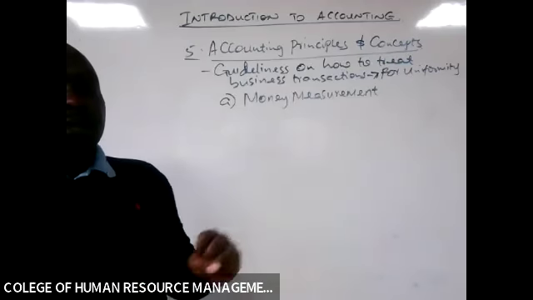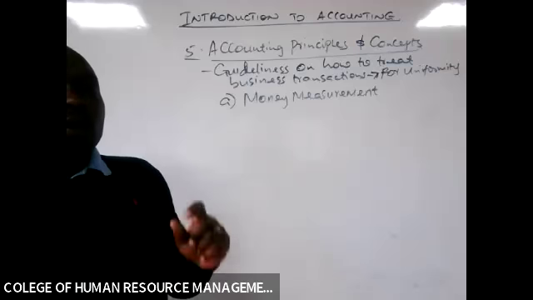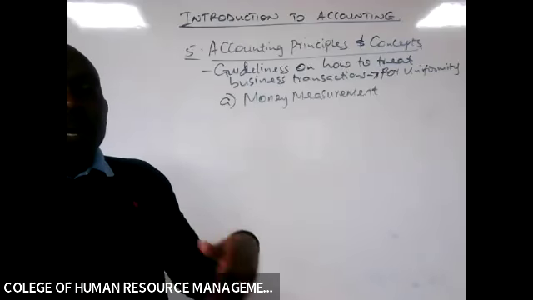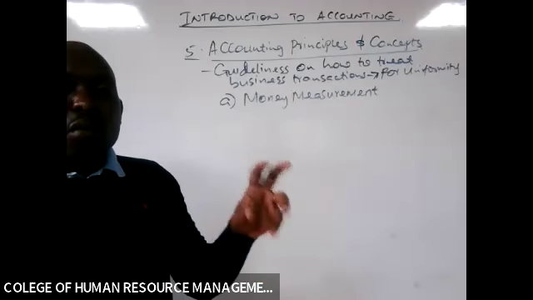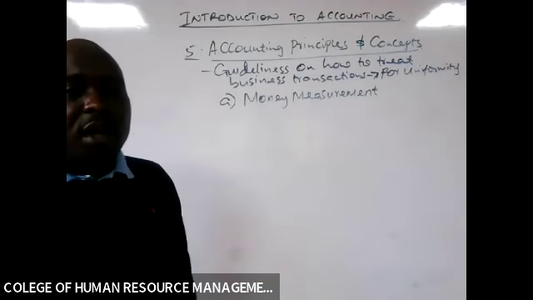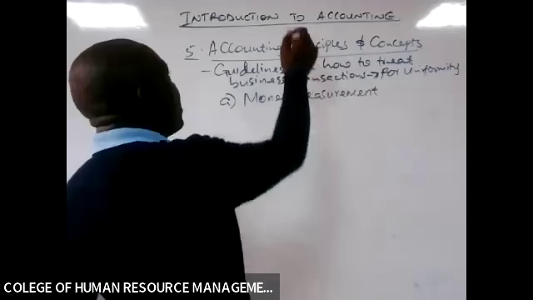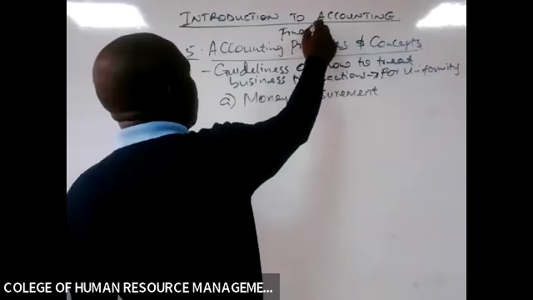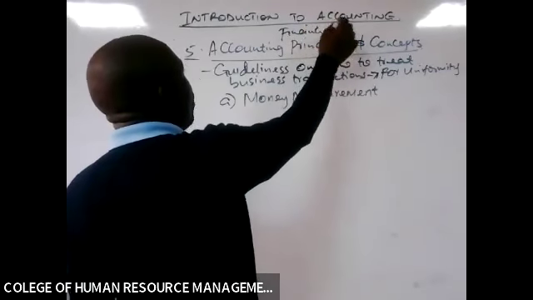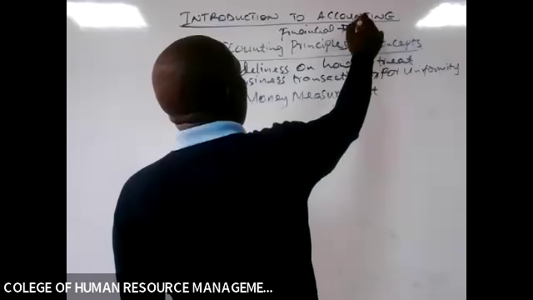The money measurement. We said accounting is the process of identifying, measuring, summarizing, and communicating financial information. The key word there was financial. So we are only handling matters to do with money.